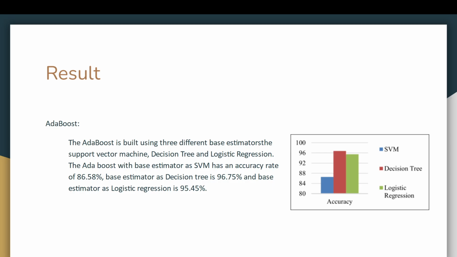Base estimator as decision tree is 96.7%, and base estimator as logistic regression is 95.4%. Decision tree as a base estimator in AdaBoost has a better performance than the SVM and logistic regression in AdaBoost.